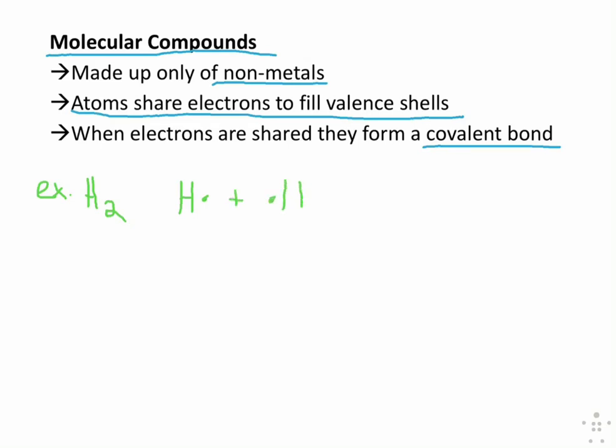Now I know this isn't the way that we normally draw our Lewis dot diagrams, but it makes sense to show that these two hydrogens have one valence electron each, and they join together to form a covalent bond. So make sure you have this copied down before we move on.